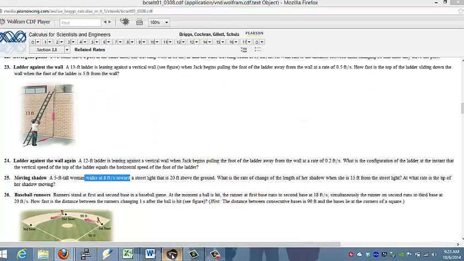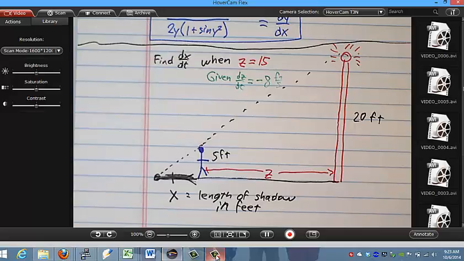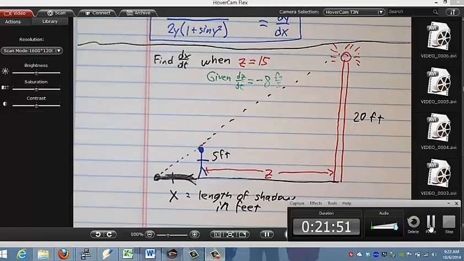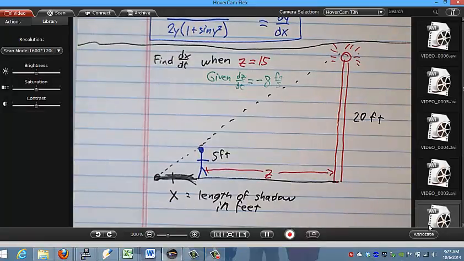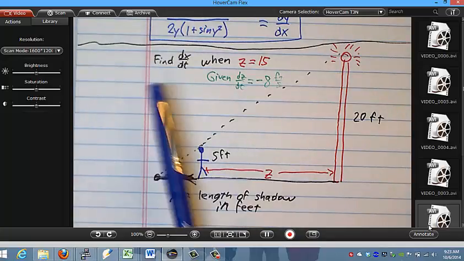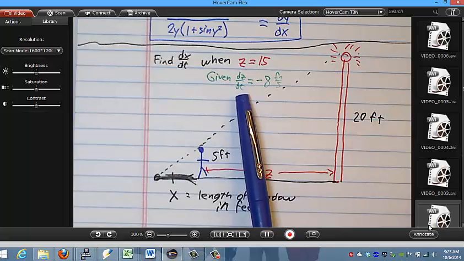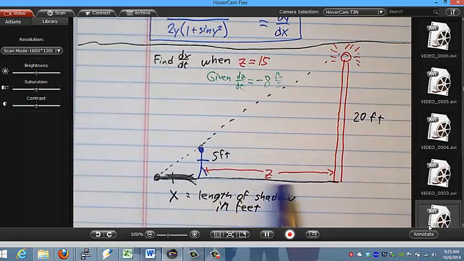Question? No? The trick now is, how do I set up a related rates equation? I need to see how dx dt and dz dt are related. For that, you have to know how x and z are related. And what's the key to this problem geometry-wise?